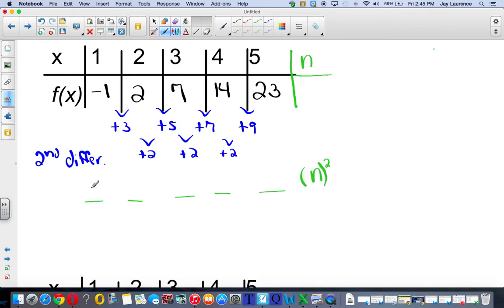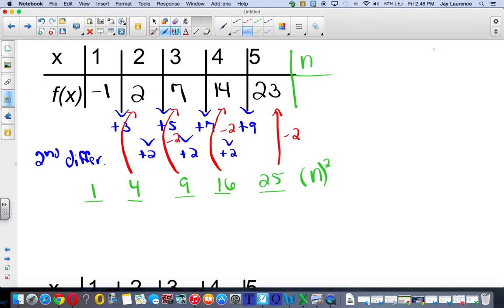So n squared: 1 squared is 1, 2 squared is 4, 3 squared is 9, 4 squared is 16, and 5 squared is 25. And now I compare, and look at this. My green ones are exactly too high. They're too many.